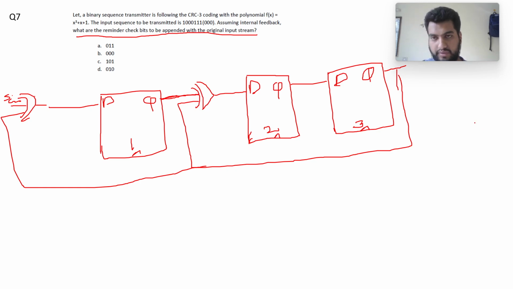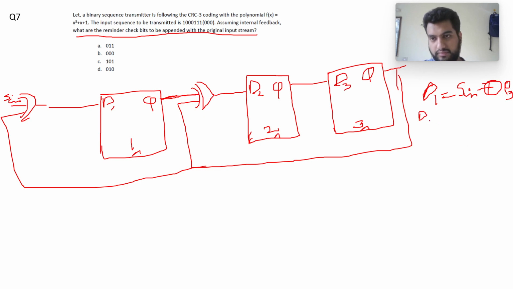So what we have: D1 is equal to S in XOR with Q3. Then we have D1, D2, D3.